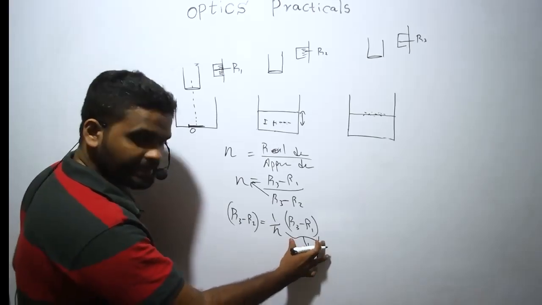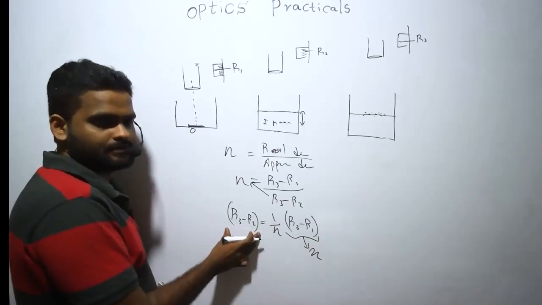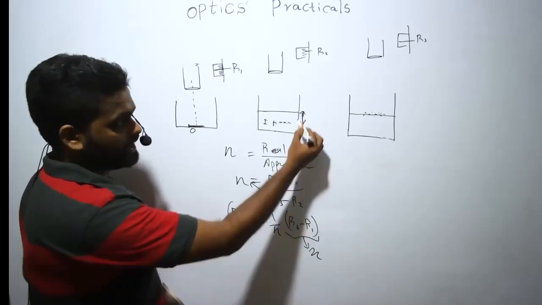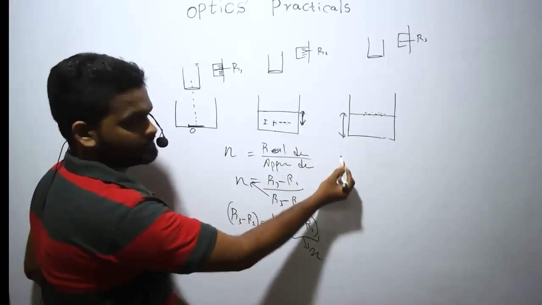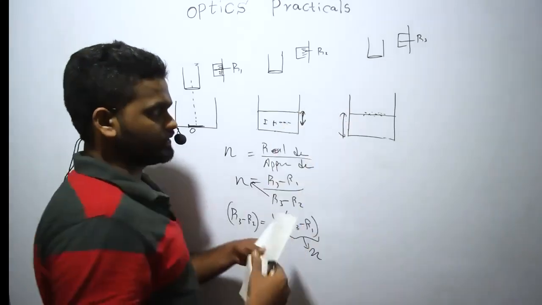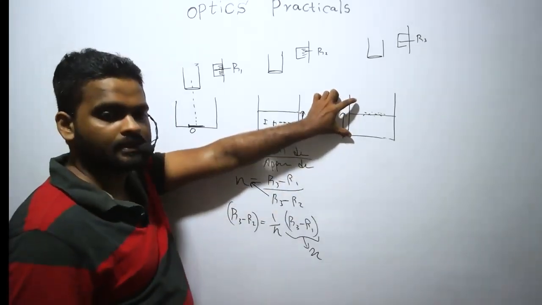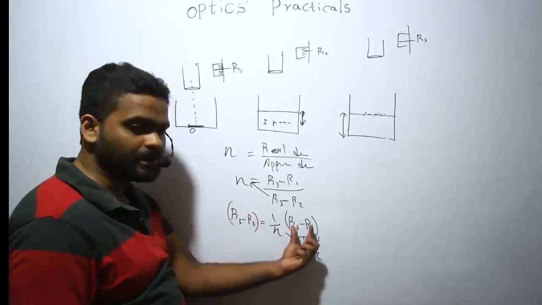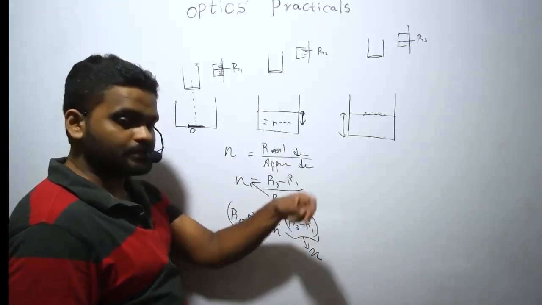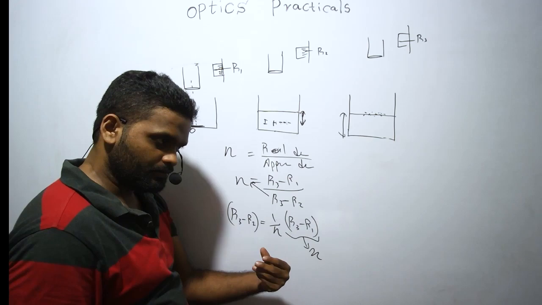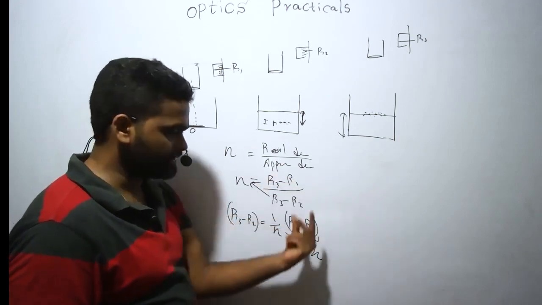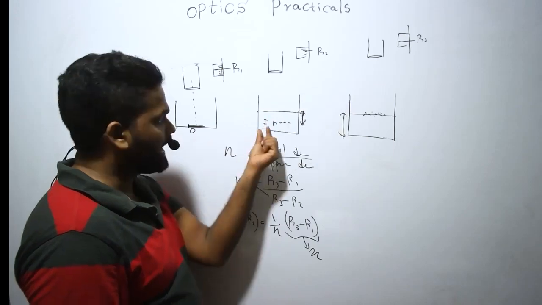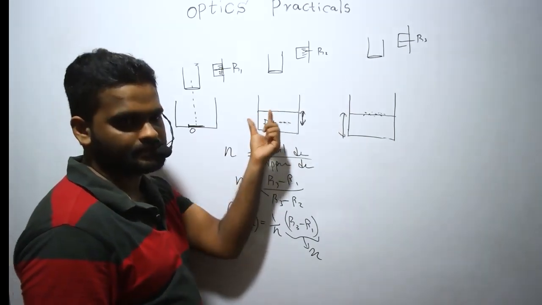Depending on that, apparent depth changes. This is the apparent depth, or R3 minus R2. This is the real depth; by pouring water, you can change the real depth. That is R3 minus R1. Because we can change that first, when you change real depth, apparent depth changes, right?